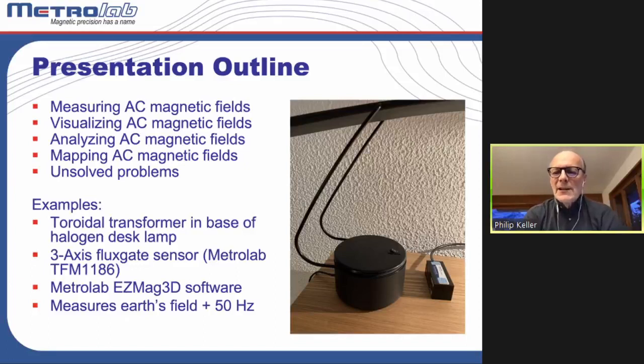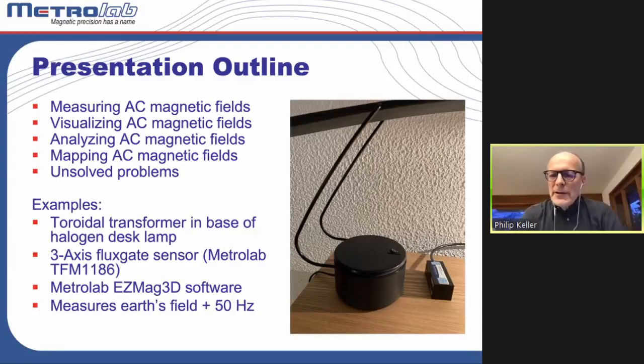It's this desk lamp, and if you see the base there, it actually has a big toroidal transformer in it, and I will be measuring the AC field of that superimposed onto the DC field of the Earth using this sensor. This is not a Hall sensor, it's a flux gate sensor, which has the benefit of being very sensitive down into the nanotesla range. And the software that we're displaying all this stuff with is the software that comes with that sensor called EasyMag 3D.